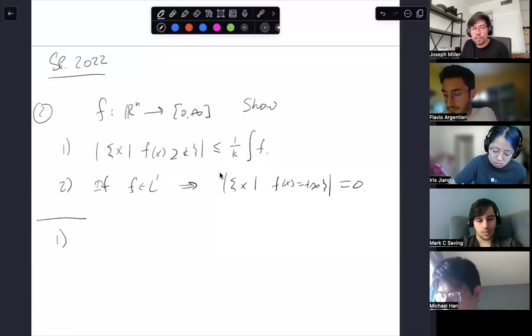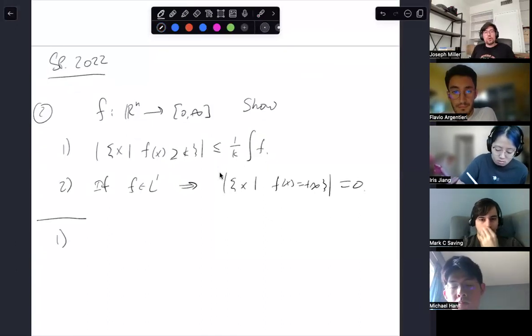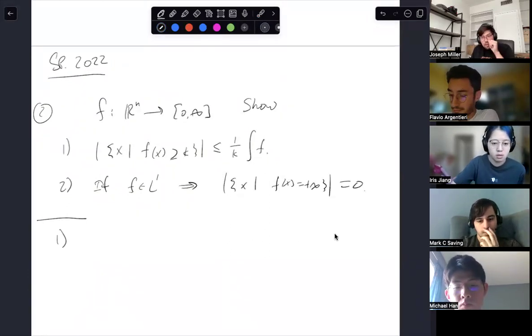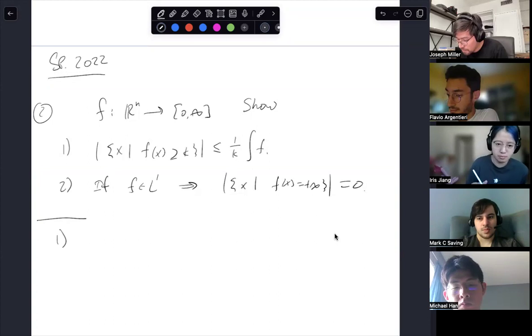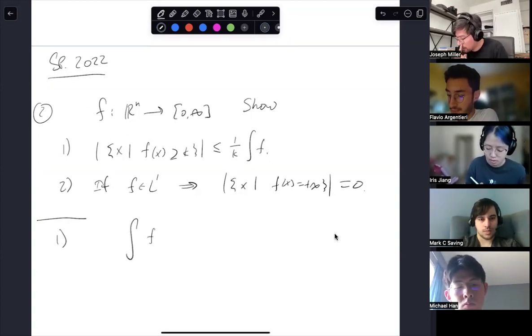Okay. So for one, can anybody remember how to show Chebyshev? How about, let's see, Iris? I remember you start with an integral of f and then you try to get the other way. So I integrate something of f, right?